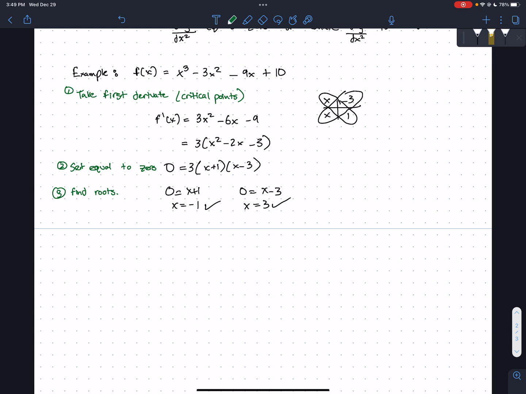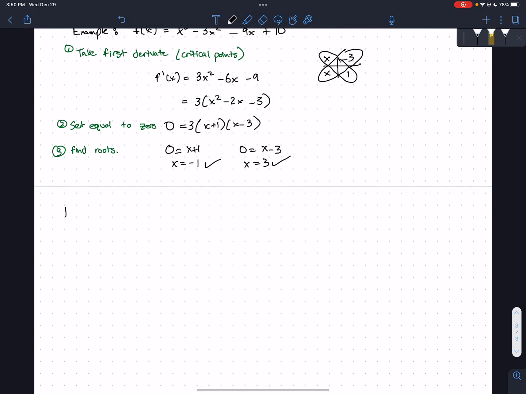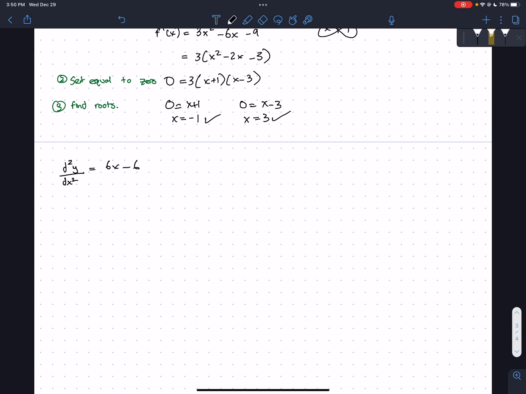So now let's take the double derivative, d squared y over dx squared. If we're taking the double derivative, we're taking the derivative of this, right? So we're going to get 6x minus 6, okay? So now we can set this equal to 0.